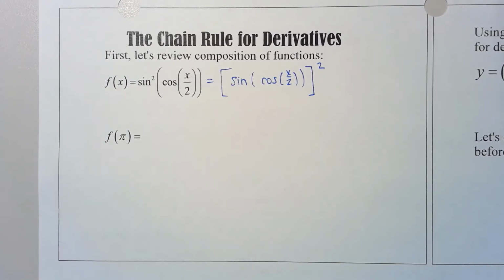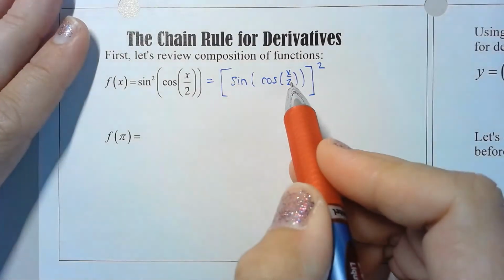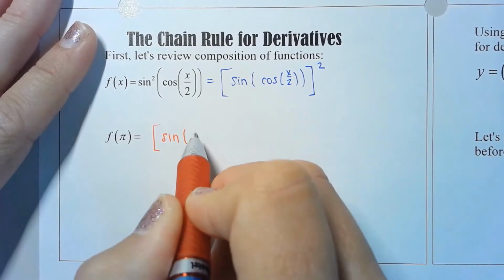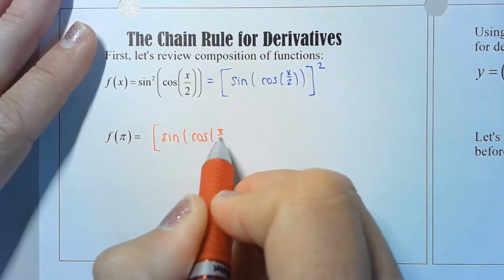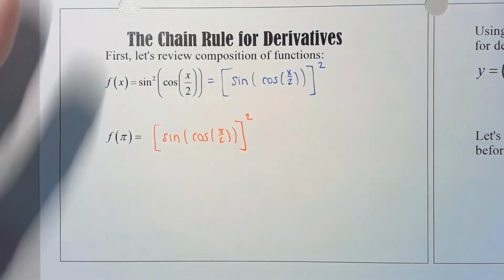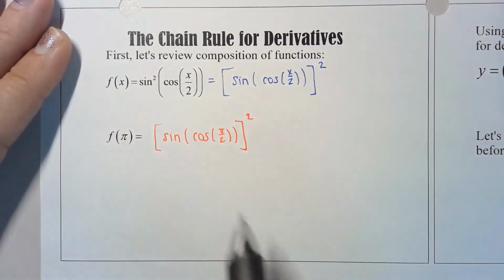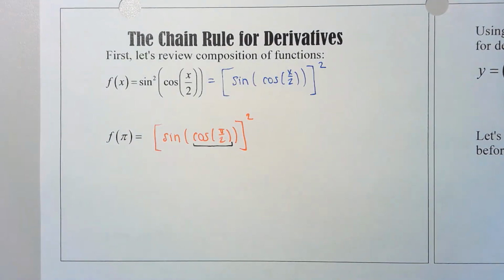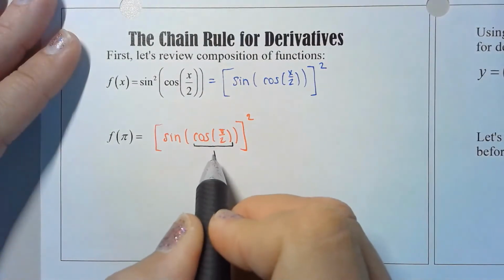All right, so if we want to find f of pi, we're going to plug a pi in. So I'm just going to rewrite it. I have the sine of the cosine of pi over 2 all squared. When we evaluate a composition of functions, we start on the inside. So I'm going to find the cosine of pi over 2, which we know is 0.